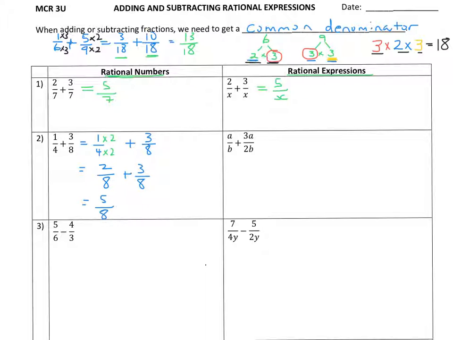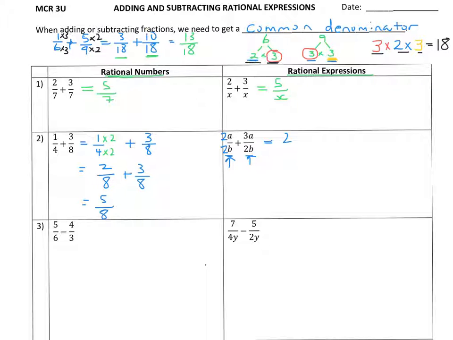All right, now if I look at the side-by-side example, here I have a factor of b on my first expression, and on the bottom I have 2 times b for my second rational expression. So I know that I could take that first fraction and multiply the bottom by a 2 and make that into a 2b, which then means I have to multiply the top by 2 as well to keep it equivalent.